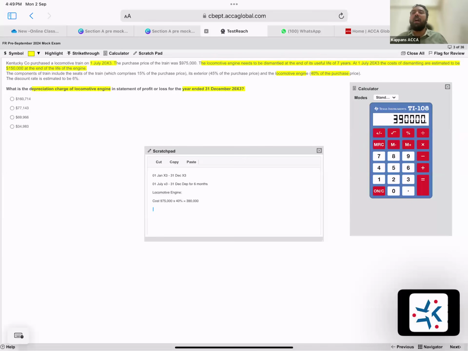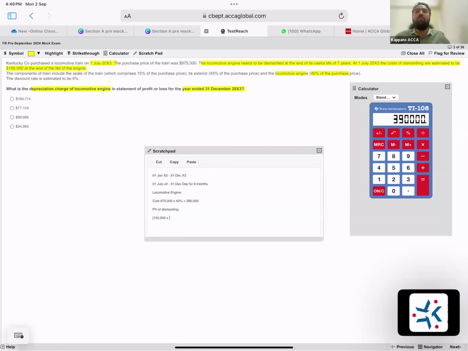We have learned in Accounting Standard 16 property, plant and equipment, as well as Accounting Standard 37 provisions, contingent liability and contingent asset, that provision for site restoration, dismantling cost, decommissioning, landscaping, etc. will have to be added to the cost of the asset. So the present value of dismantling after 7 years, they have given future cash flow 150,000.